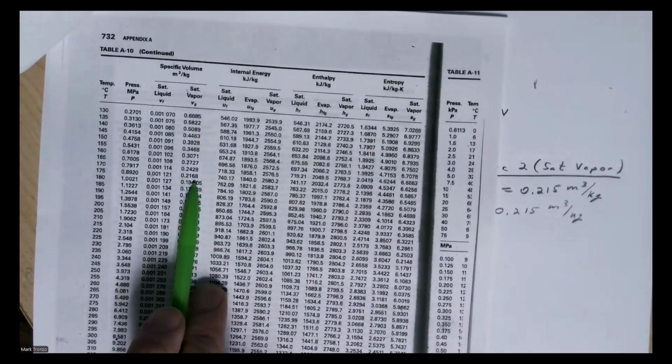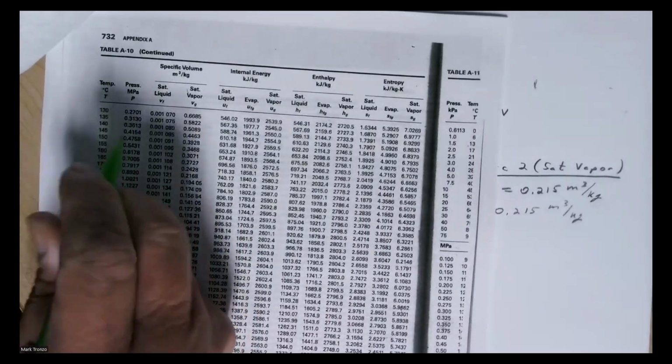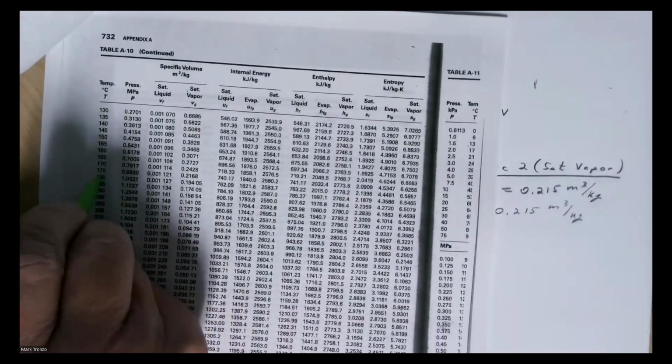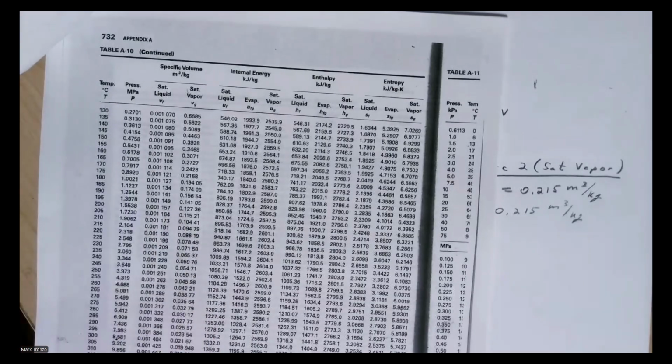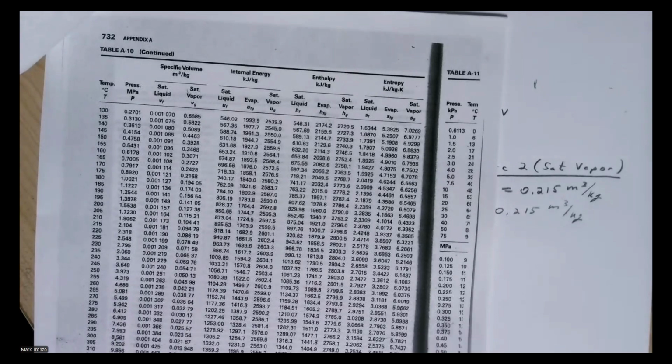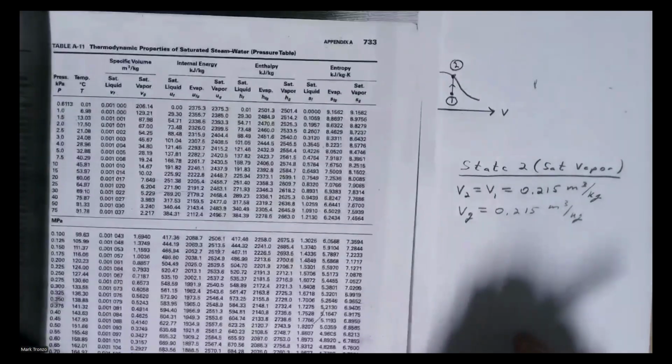This one's pretty close right here. 0.2168. That's really close. So that'll be maybe one of our candidates. So that was at 175 degrees C and 0.8920 MPa. But let's also check the pressure table.